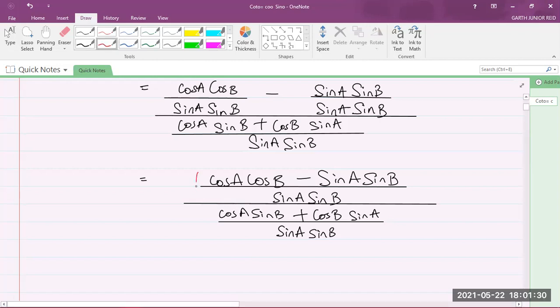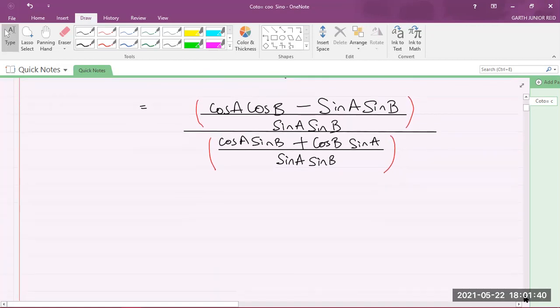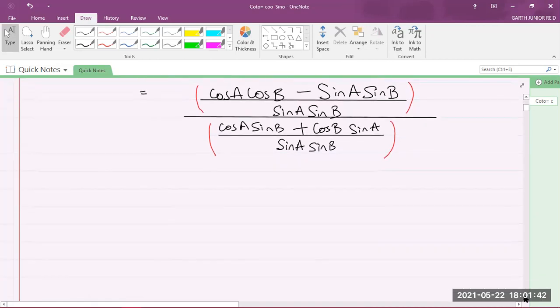I have a fraction divided by another fraction. If I'm dividing two fractions, it means that I will have to multiply by the reciprocal of the second fraction, the fraction there in the denominator.